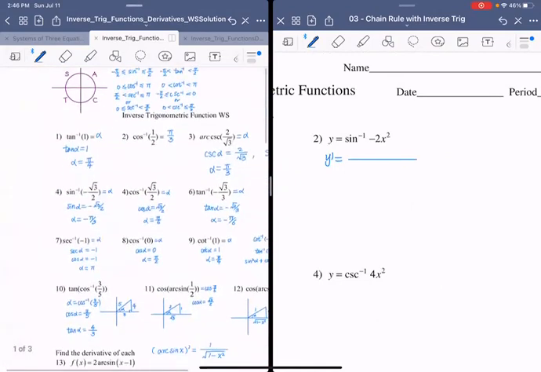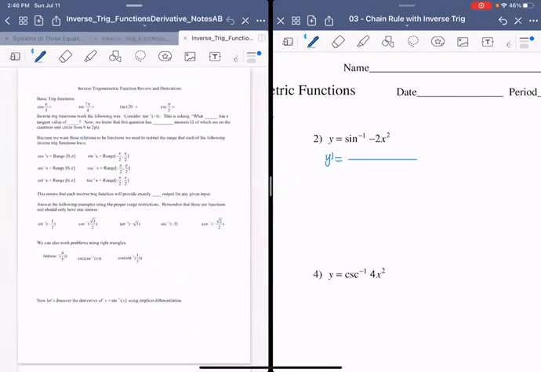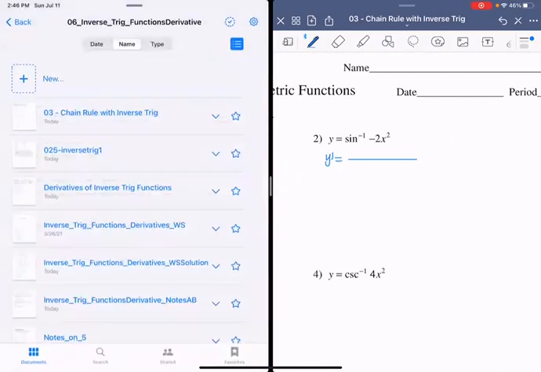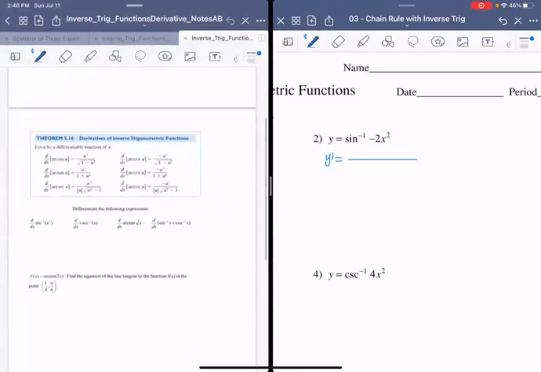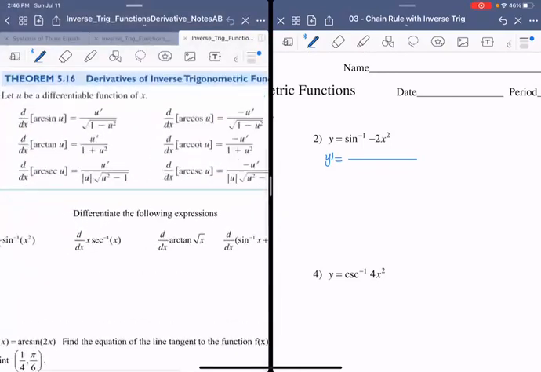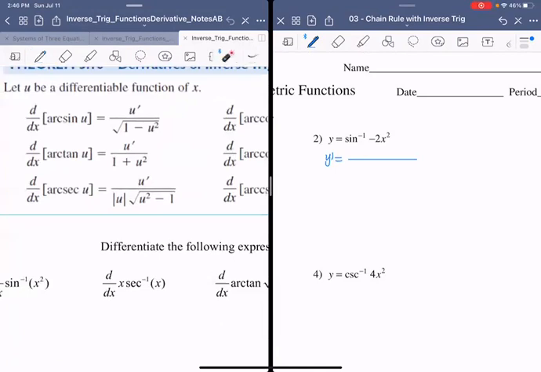We are going to use the formulas. This is the list of the formulas. Previously, we did the simple case. If this is x, x derivative is 1. This is x squared. But now, there might not be a simple x there, so we want to do the chain rule.